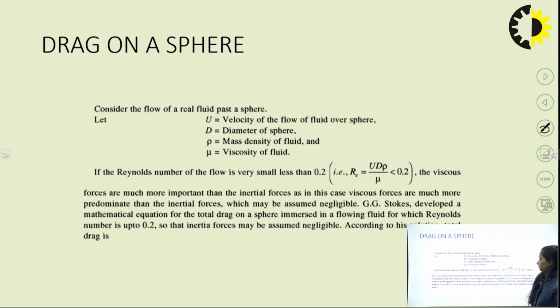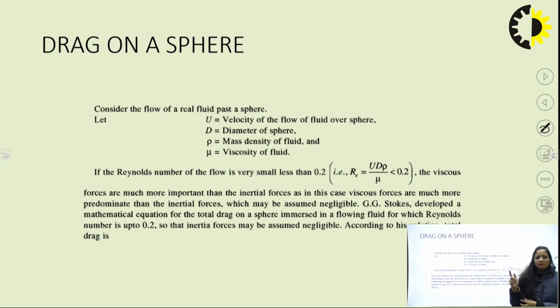Now the next topic is drag on a sphere. What a sphere is, you know very well. When we talk about drag on a sphere, there are some particular parameters we need to consider.